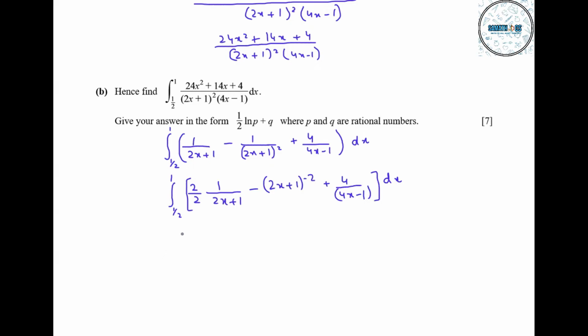So now we can write it as, this 2 will be written here. So 1 upon 2, 2 upon 2x plus 1 will be changed to ln (2x plus 1).